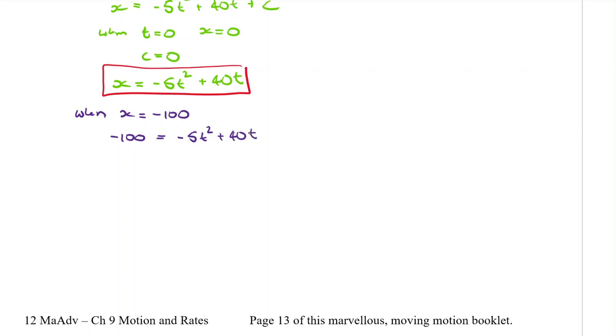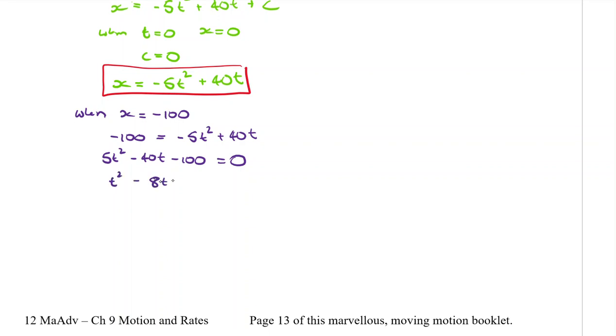It's a quadratic. Let's move everything to the left to make the t squared positive. So it'll be a positive 5t squared, a minus 40t, and then minus 100 equals 0. All right, what should I do next? Yes, divide the 5 to make it nicer.